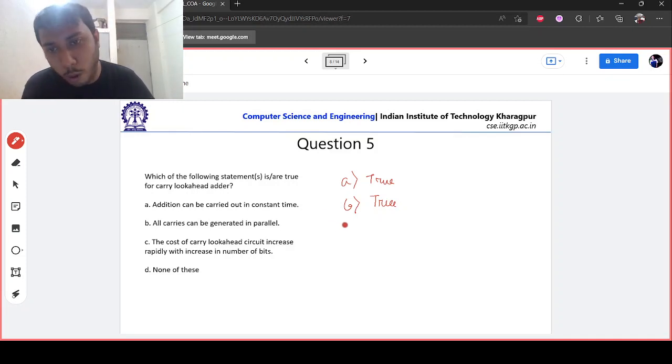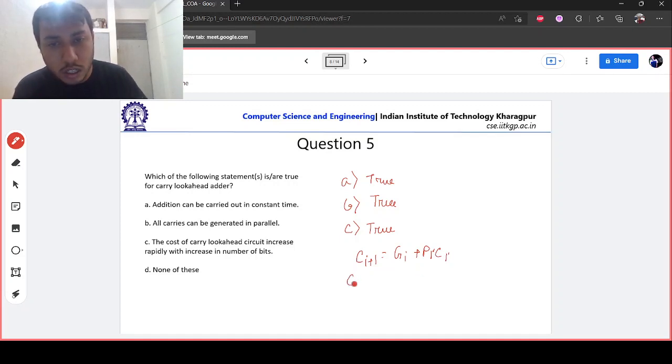Now option C says that the cost of a carry look ahead circuit increases rapidly with increasing number of bits. This is one of the problems with CLA, so this is true. If you see the carry function, it is given as Gi plus Pi Ci.